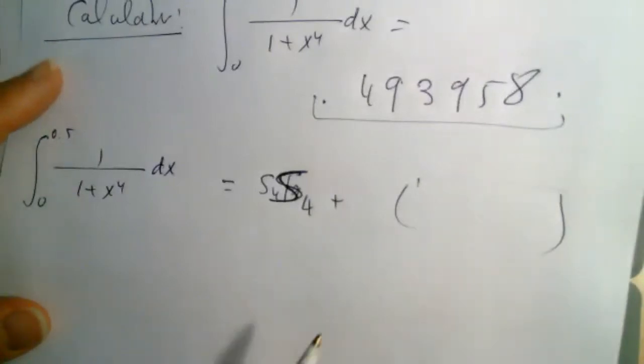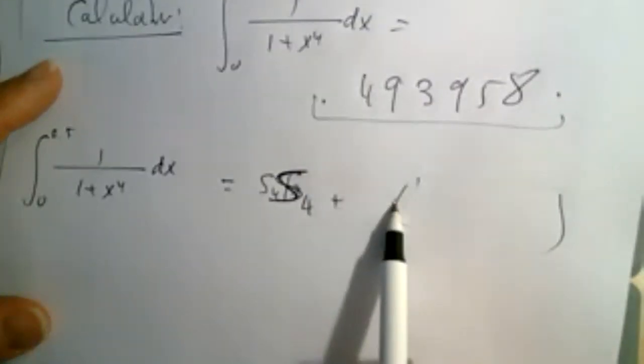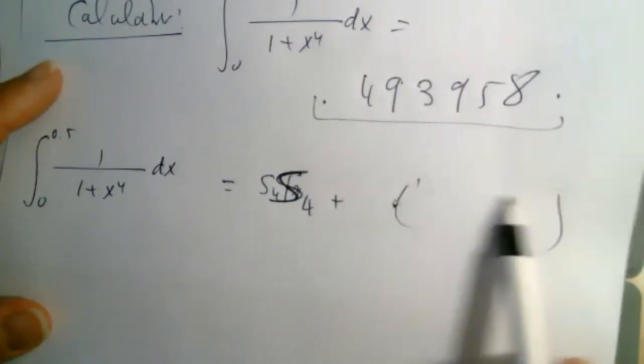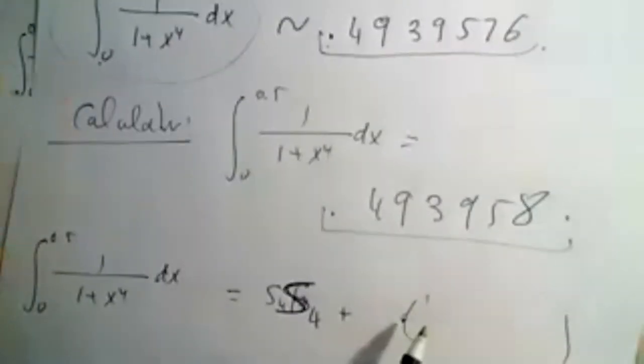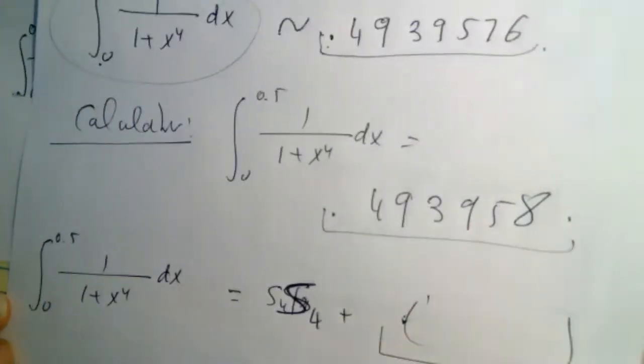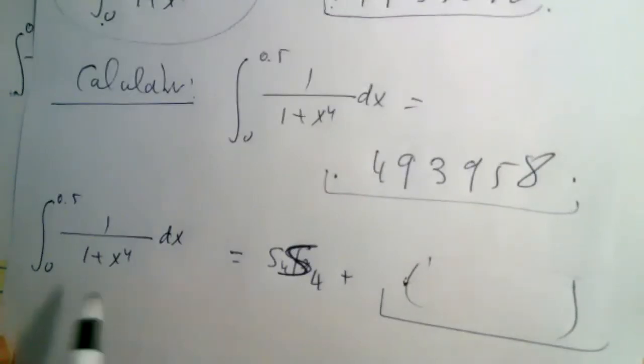How small are those numbers? Sometimes we call this the tail of the series or the remainder. How small are those numbers? Are those very small? What do you think?